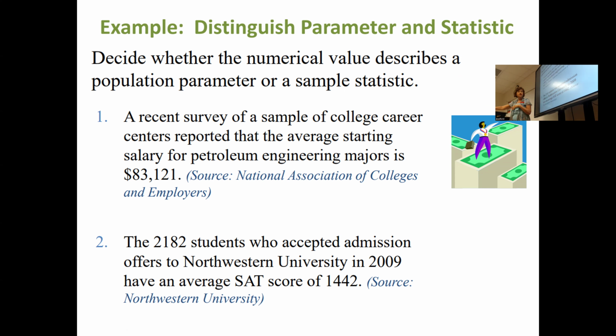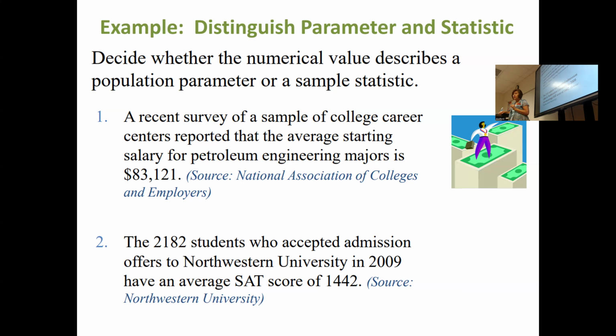Look at number 2. It says the 2,182 students who accepted admission offers to Northwestern University in 2009 have an average SAT score of 1442. Now, there's a lot of numbers in there. So let's talk about this for a second. Do you think that SAT score has come from a population or from a sample?